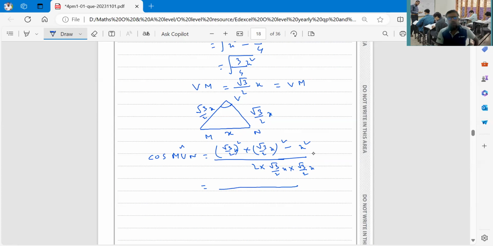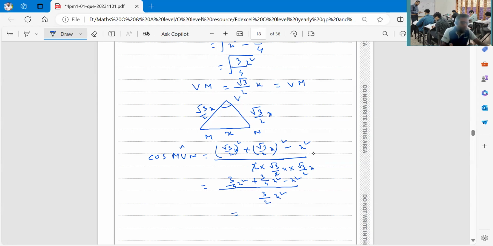Very carefully, whenever you do the calculation, do it very carefully. So root 3 by 2 square, it will be 3 by 4. So 3 by 4 x square plus 3 by 4 x square minus x square, it will be half. In the denominator, root 3 into root 3 is 3, over 2, times x square.